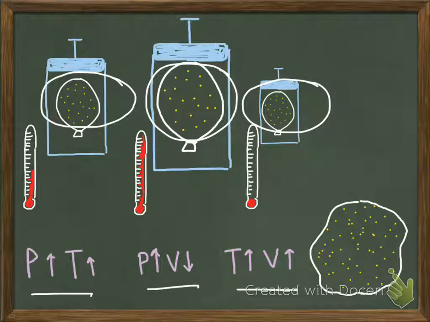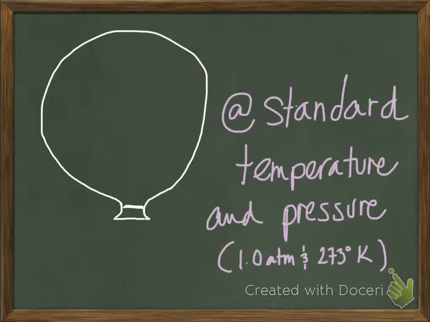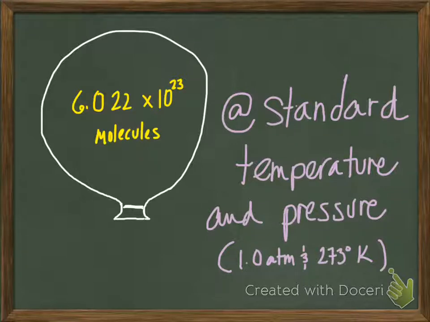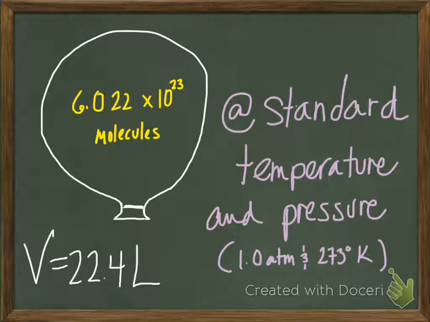So wouldn't it be handy if we had some other benchmark we could use? Well, it turns out that if we put any gas at standard temperature and pressure, that's 1.0 atm and 273 Kelvin, or 0 Celsius, any gas at STP, 1 mole of that gas will have a volume of 22.4 liters.